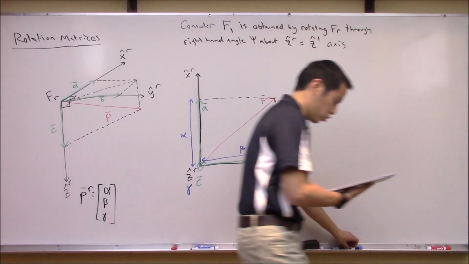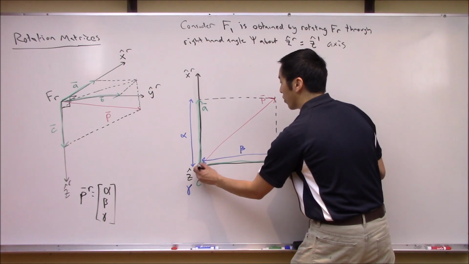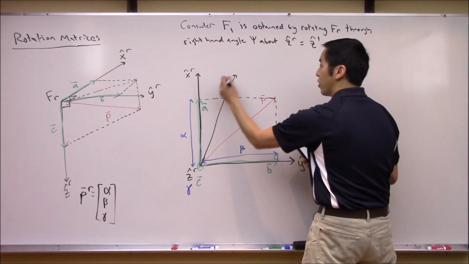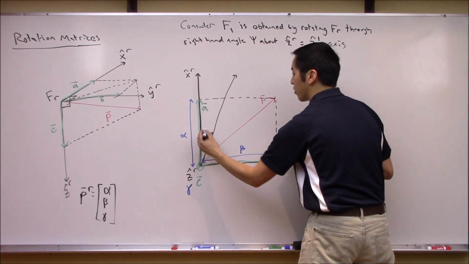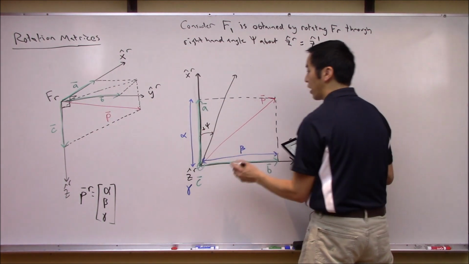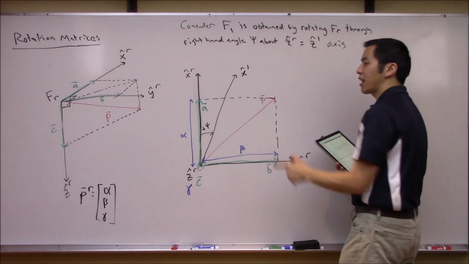So maybe let me just draw it instead of talking about it. This x-axis is just going to rotate through angle, this is positive psi, and this now becomes x hat 1, the x-axis of frame 1.